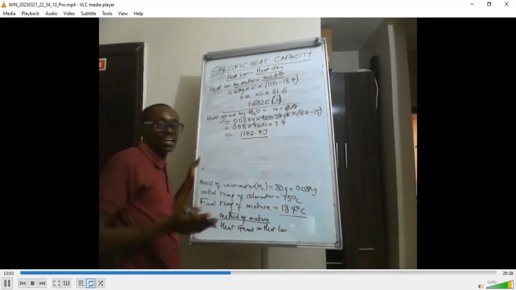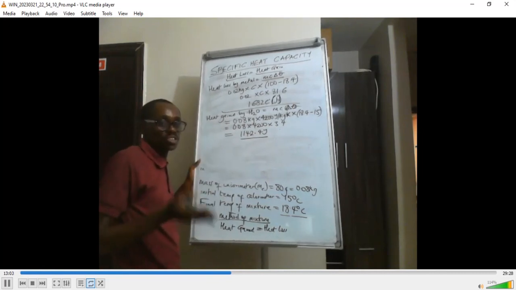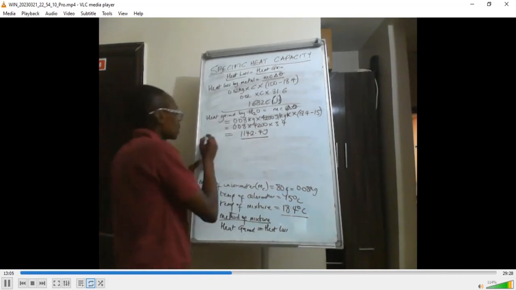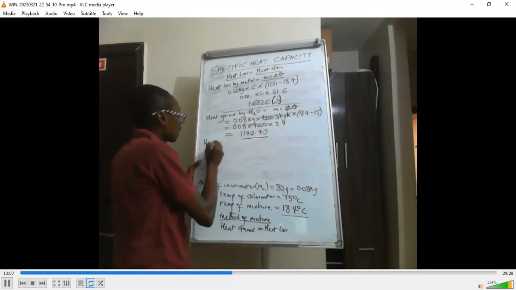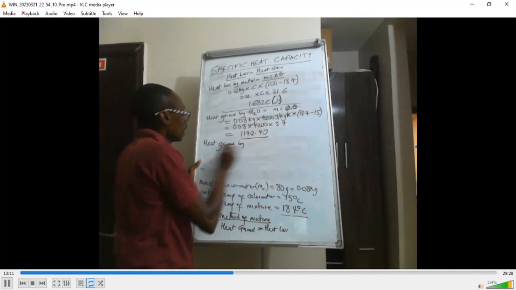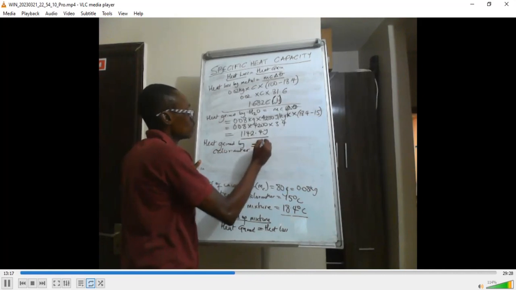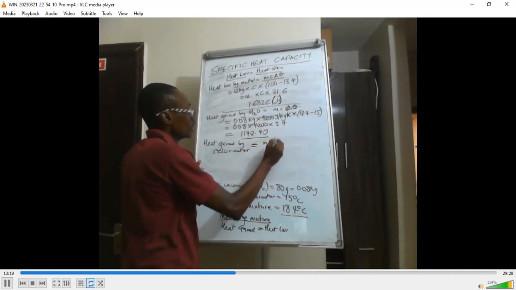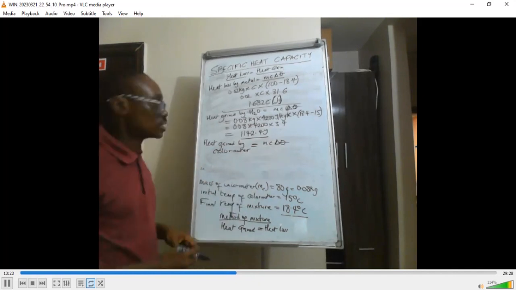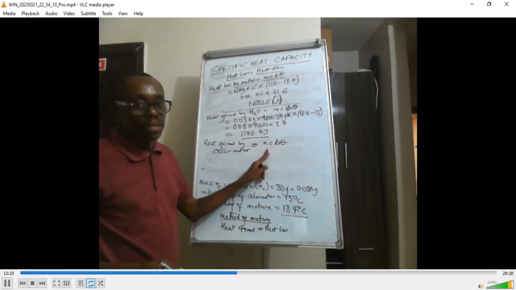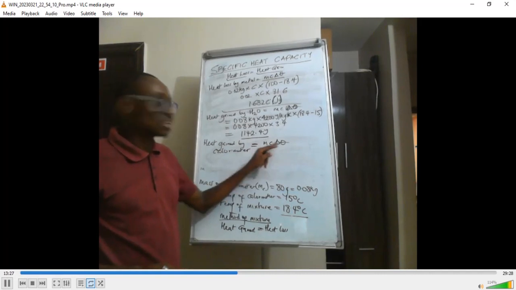Now the calorimeter, which also contains water, is also going to gain heat. So heat gained by the calorimeter is equal to the same formula, m c delta theta: mass times specific heat capacity times the change in temperature.